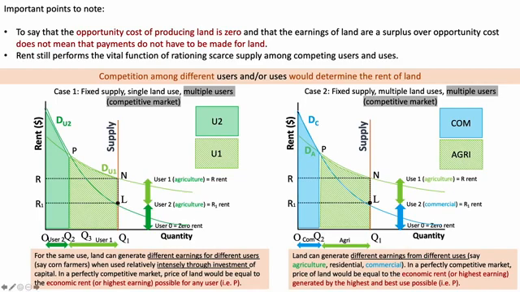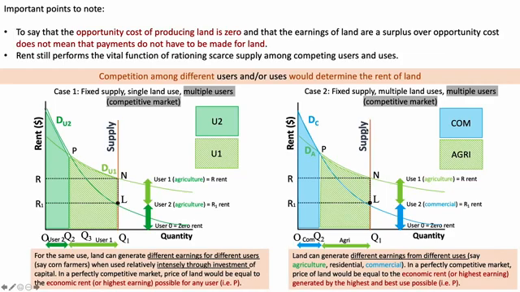So we know here that if we know the demand curve for different uses, we would understand what quantity of land would be demanded for a particular kind of use. So here OQ2 is the quantity demanded for commercial use, and between Q2 and Q1 is the quantity demanded for agricultural use.